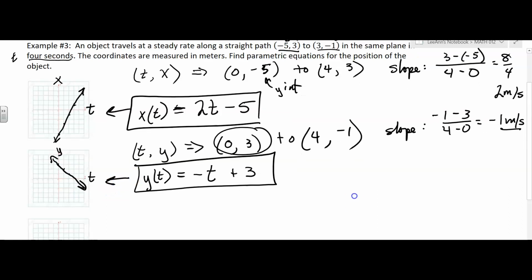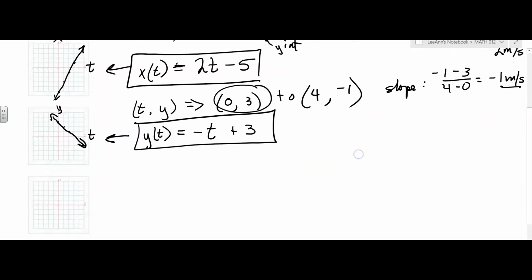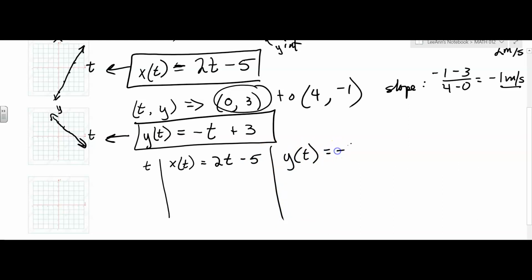What happens when we put it all together? Then we can make a little table of ordered pairs. We could say, what's t? And then what's x of t? And then what's y of t? And we'll go ahead and do this. We're going to start at 0 seconds. That makes sense.